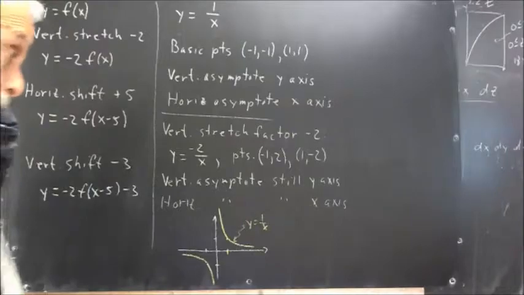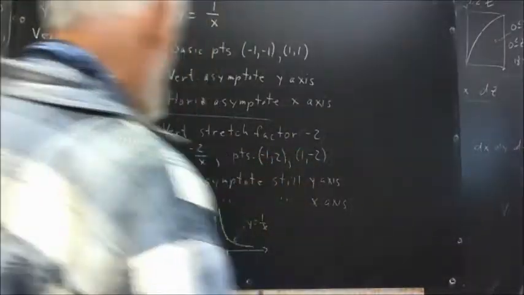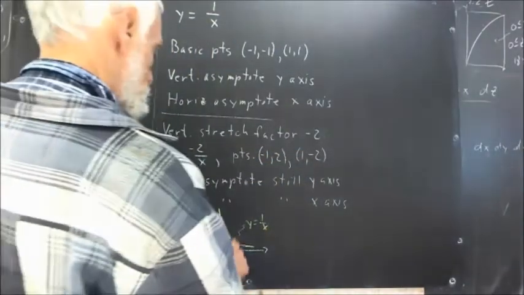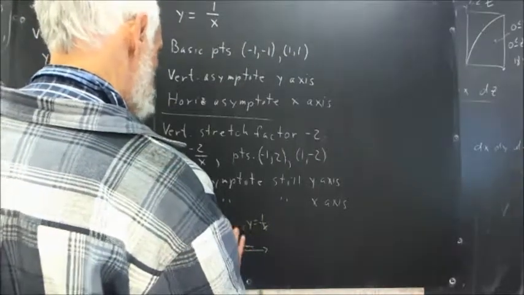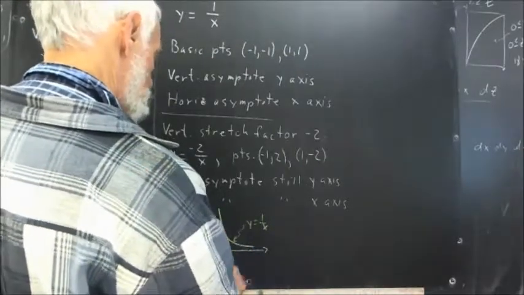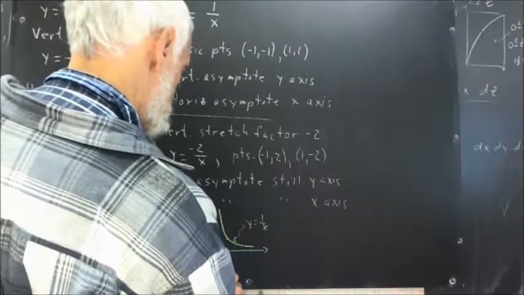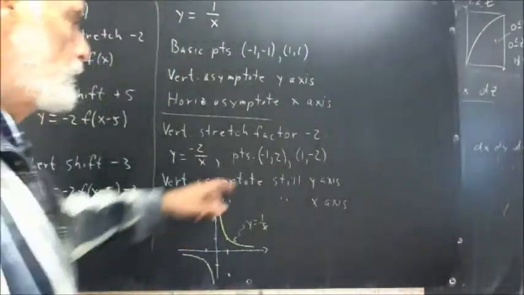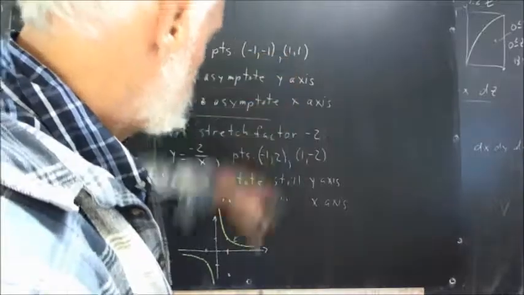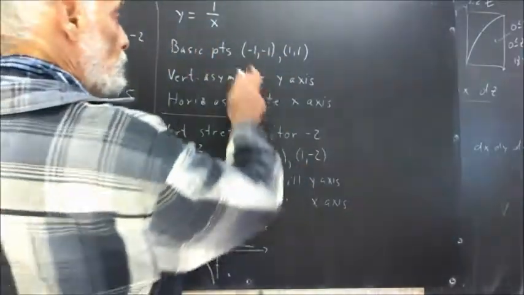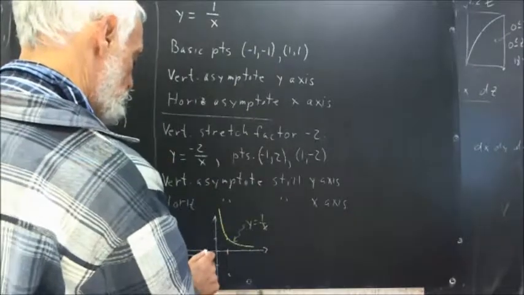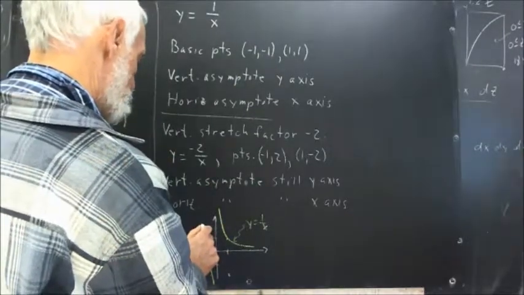And to graph the refined function, or the vertically stretched function, (1, 1) is going to map down to (1, -2), and (-1, -1) will map up to (-1, 2).